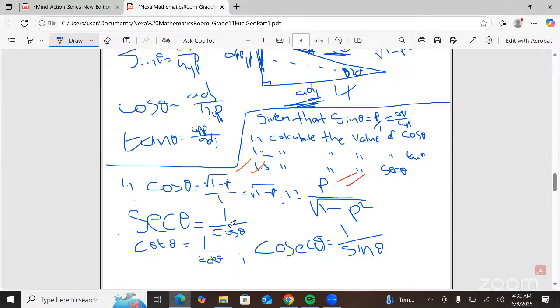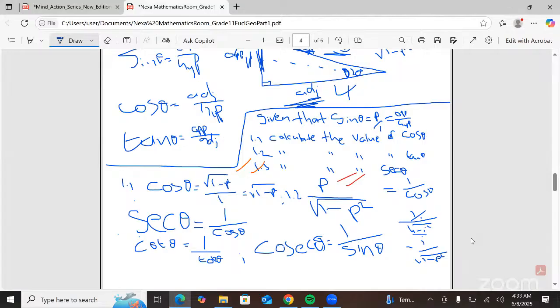Yes, sir. So now when you talk of that sec, you are just going to say that it is equal to 1 over cos theta. And then you had the cos theta on 1.1 is this. So this is going to be 1 over the square root of 1 minus p squared, just like this, then you are done.